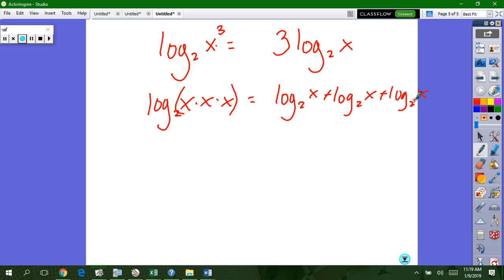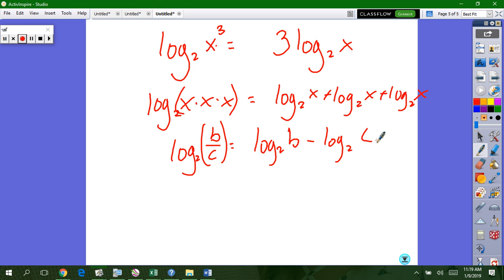Okay, let me show you something else. We already decided that that was log base 2 of B minus log base 2 of C, correct? What's another way I could write this? B times 1 over C is very correct. What's another way to write 1 over C? What do we do when we see multiplication?